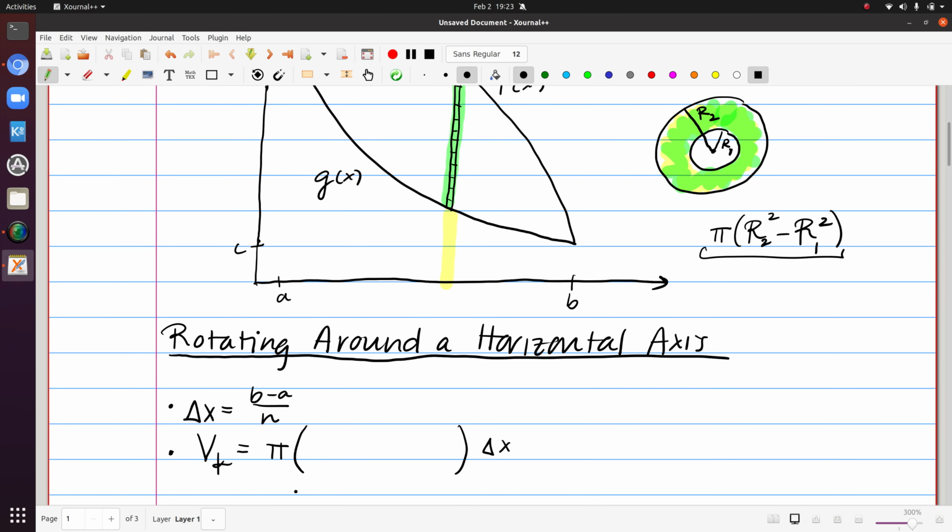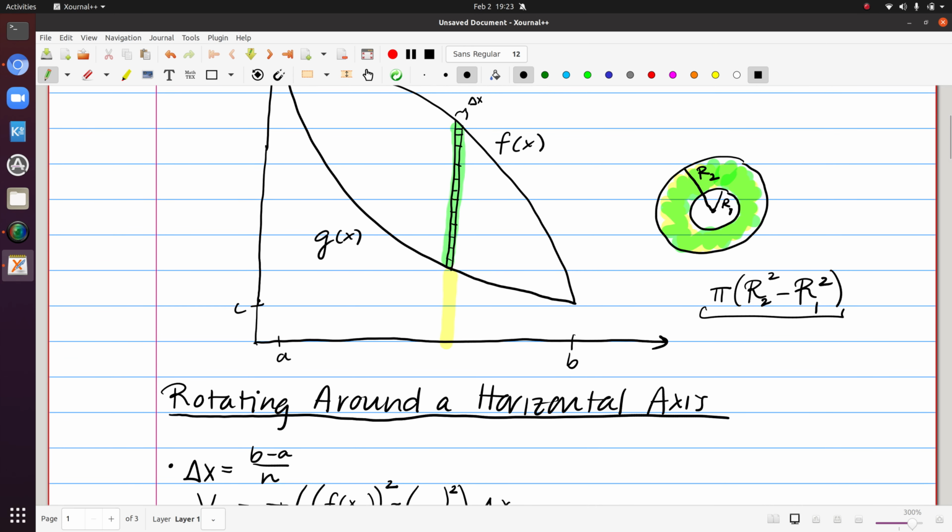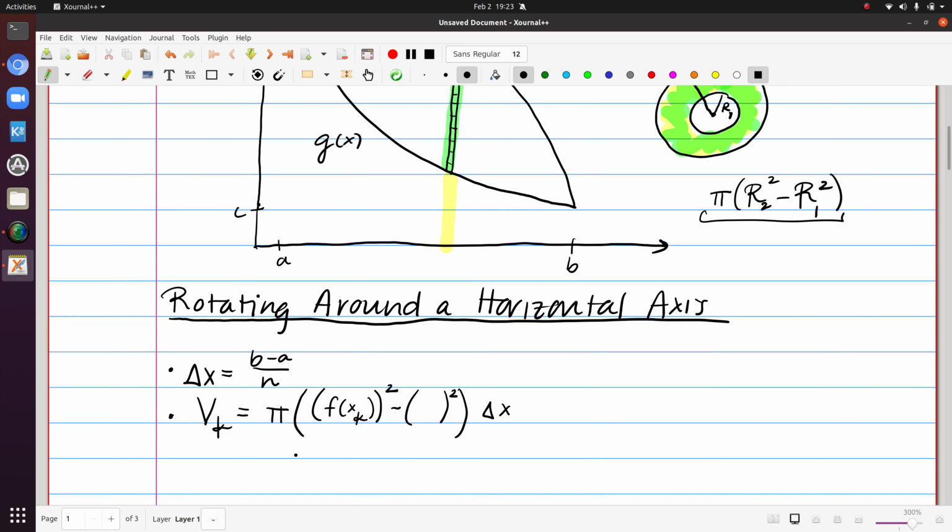In my picture, that would be like R2. So that means I first take f of x evaluated at x sub k and square that radius, and I subtract the square of the inner radius. And the inner radius is now the distance from the x-axis to g of x sub k. And again, that's because g is closer to the axis of rotation.